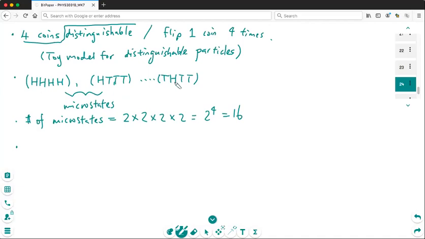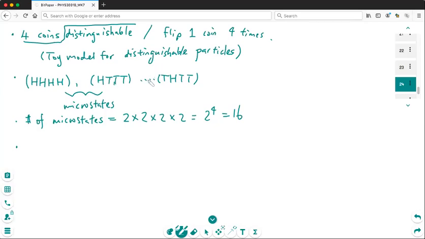But you can also ask yourself this question. If your aim is to get an overall of 3 tails and 1 head, then this is a different scenario. Because in that case, both of these actually qualify to serve the same purpose, to give you the same outcome. So let me say this again.